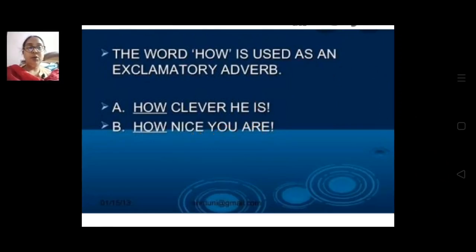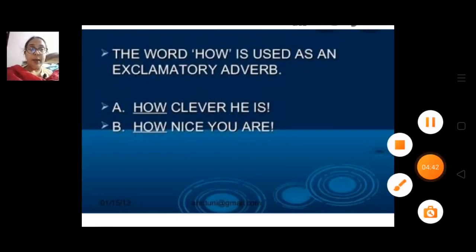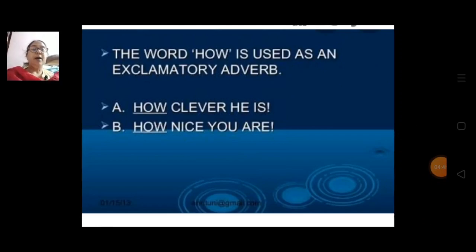Now, I am going to give you a few examples of exclamatory adverbs. They are: how beautifully she danced.